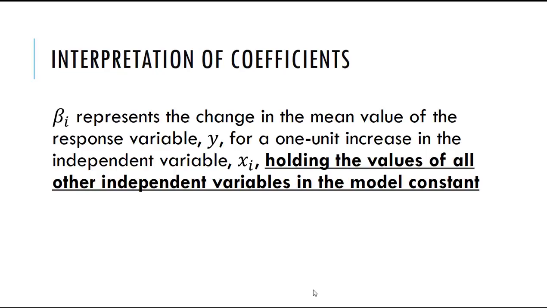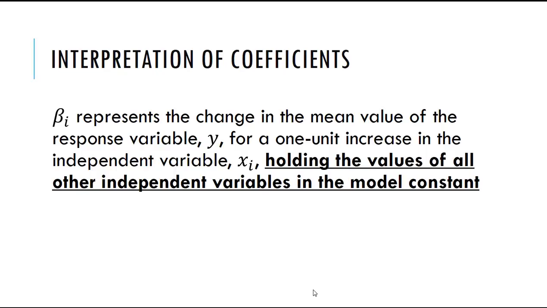So if we're looking at beta 1, we're saying that the estimate b1 is the mean value that the y variable would change if I changed x1 by a single 1 unit increase. If b1 is positive, it would go up by whatever that estimated value is that we got from the sample data. If it's negative, it would go down as the x variable goes up by 1 unit.